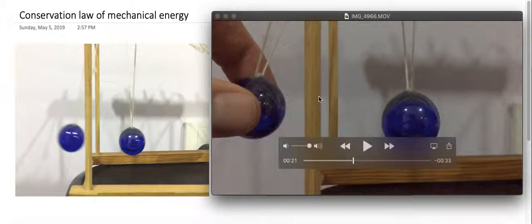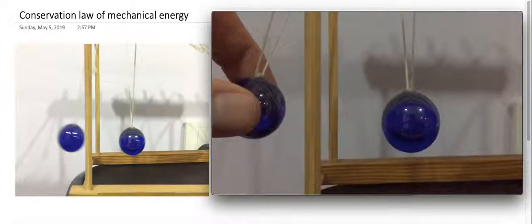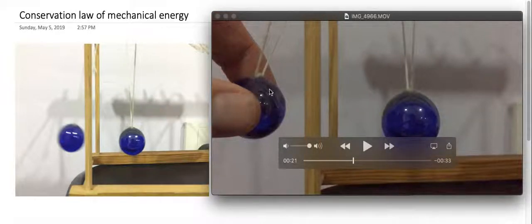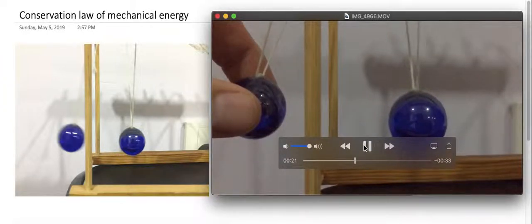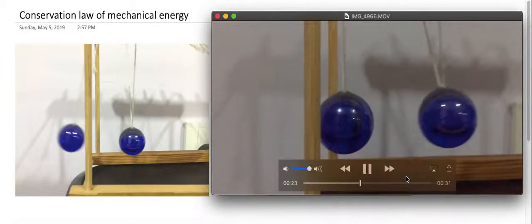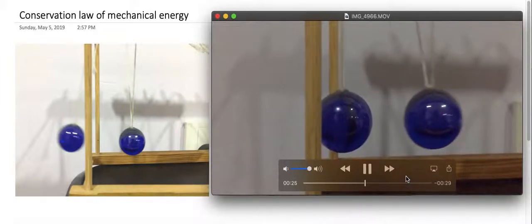Now in this video, we are going to investigate the mechanical energy by using the Newton's cradle. So I have two balls of equivalent mass. If I were to slow it down in slow motion, here you go, this is what will happen.